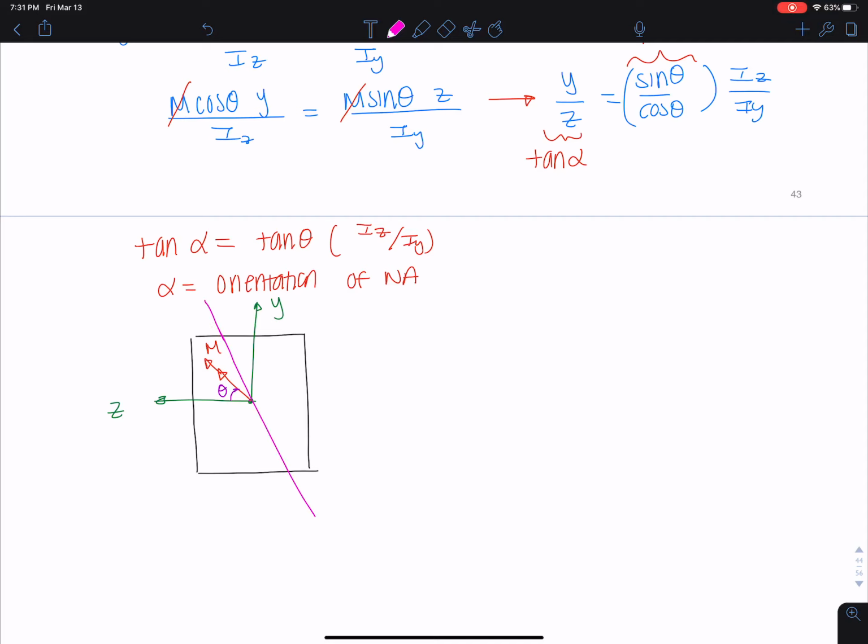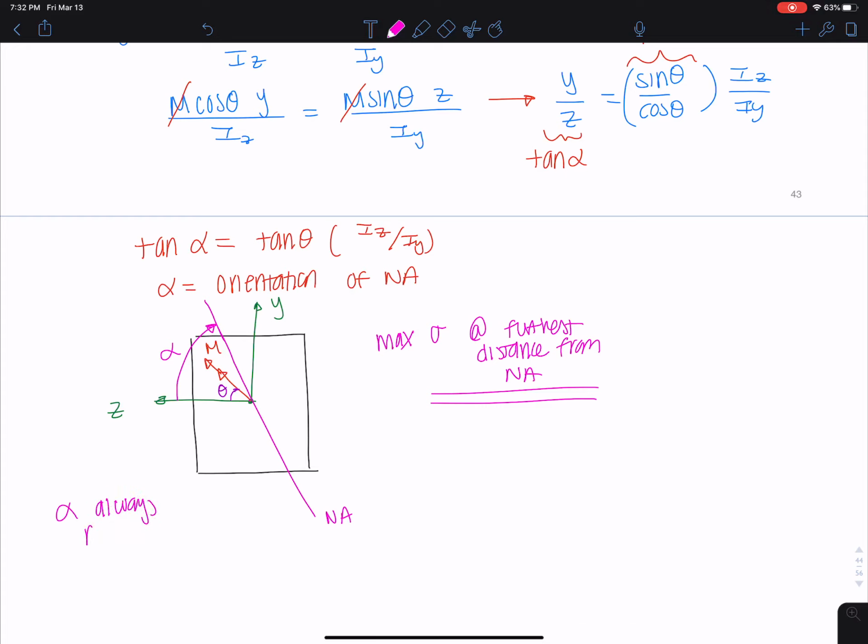And this is my alpha. Okay, and my max stress is at the furthest distance from NA. And alpha is always measured from Z to Y direction.